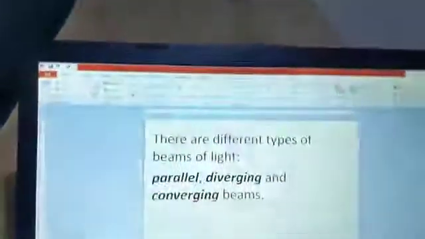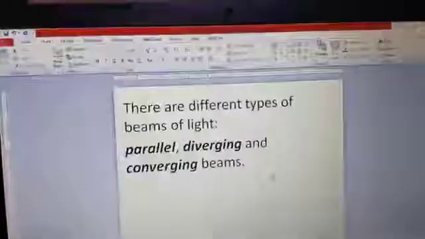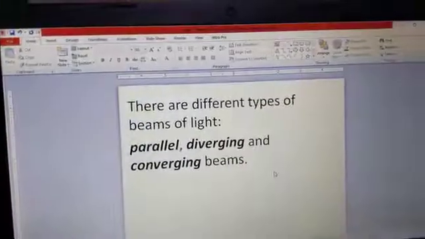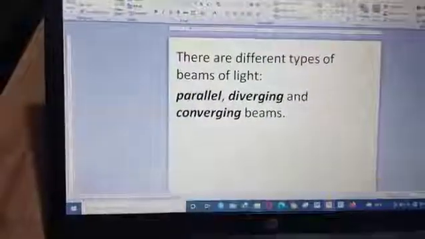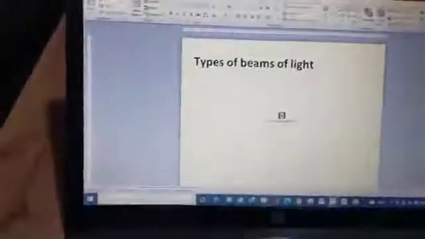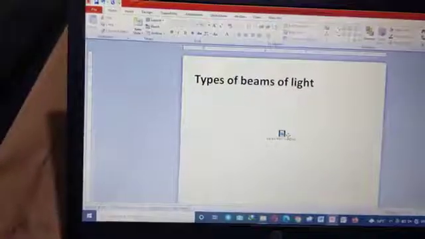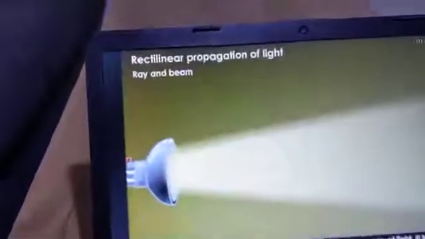Now you can see here there are different types of beams of light: parallel, diverging and converging beams. Let's see this using the following video. Now you see here light from a torch is traveling like this.